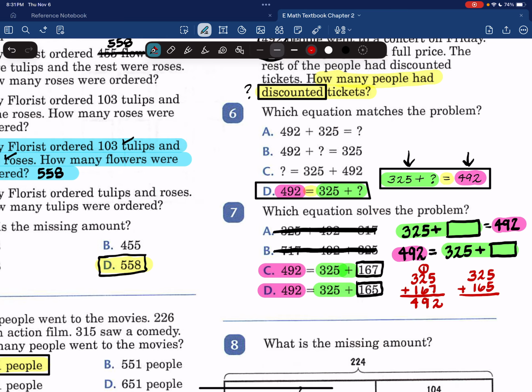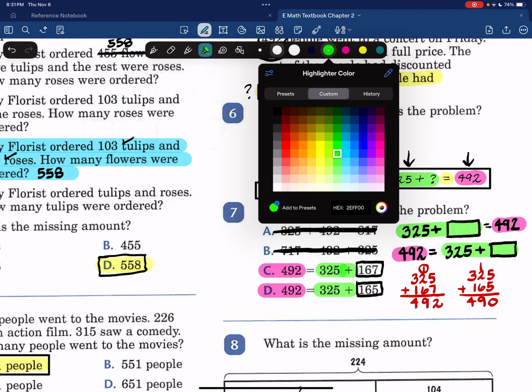So these are the boxes, the 167 and the 165. Okay, this one comes up to 490. And that's not what we're looking for. We're looking for 492. So the answer we want is C.